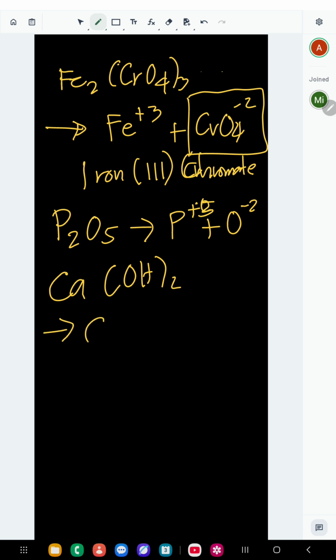Ca(OH)2. We can split this as Ca plus 2 plus OH minus. Okay, so that is just calcium hydroxide.